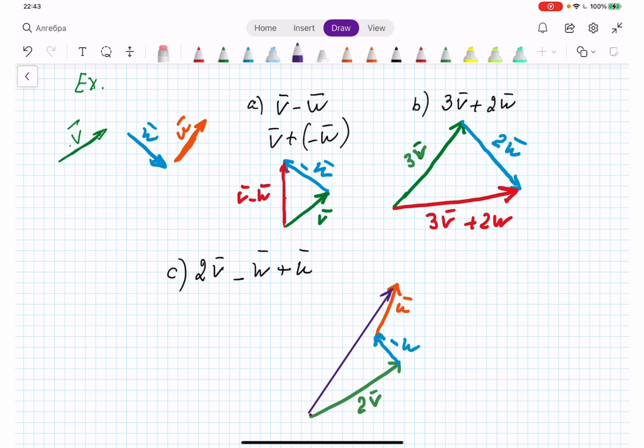And this is going to be 2V minus W plus U.